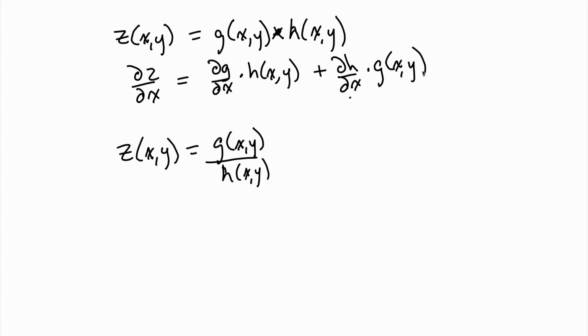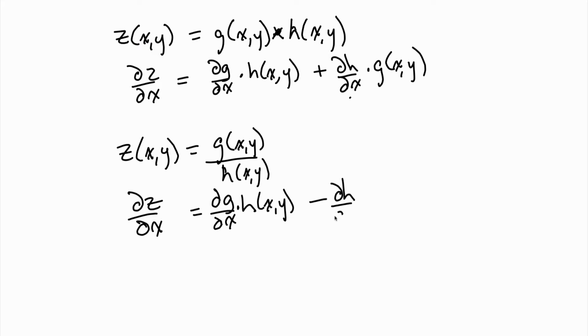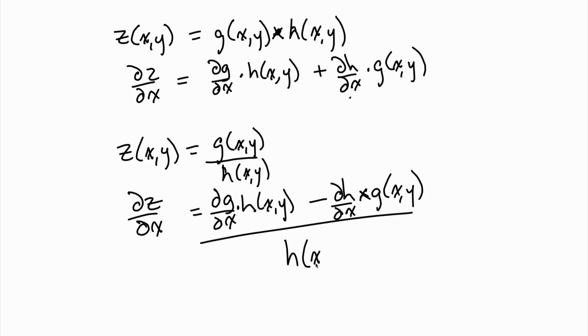So back down to the quotient, right? The quotient rule applies, same way. dz by dx is just going to be dg by dx times h, minus dh by dx times g, all over h of x and y squared.